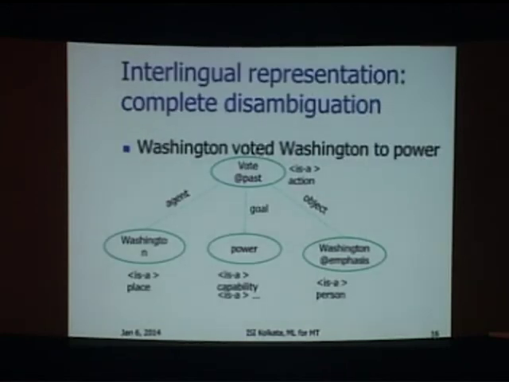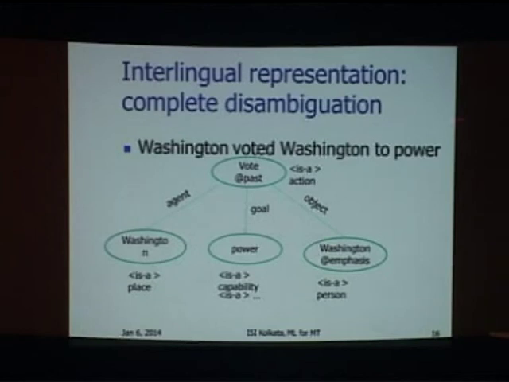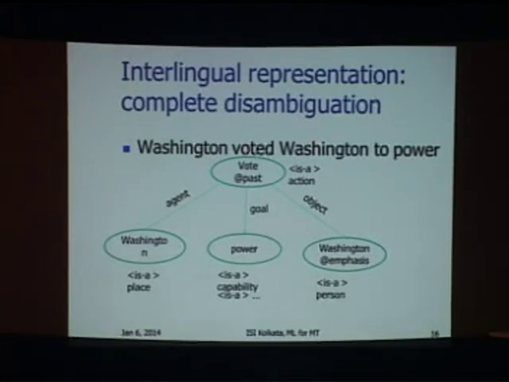Now, when we do analysis on the source language side, many different problems have to be solved, and many of them are actually data-driven machine learning problems. If I take this sentence, for example, "Washington voted Washington to power," it's a very difficult sentence for a machine to process. The first Washington is the place Washington, the second Washington is US President Washington. So the problem getting resolved here is named entity recognition, which is routinely done using a data-driven approach.